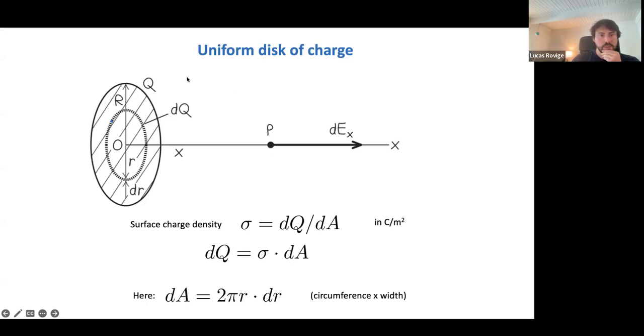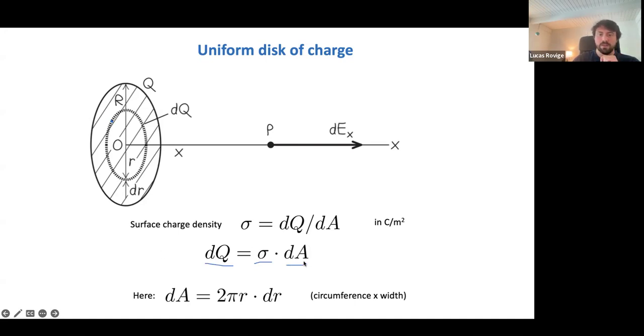Okay, and so since we're considering a uniform disk now in 2D, we get sigma, which is the charge dq divided by the area dA.